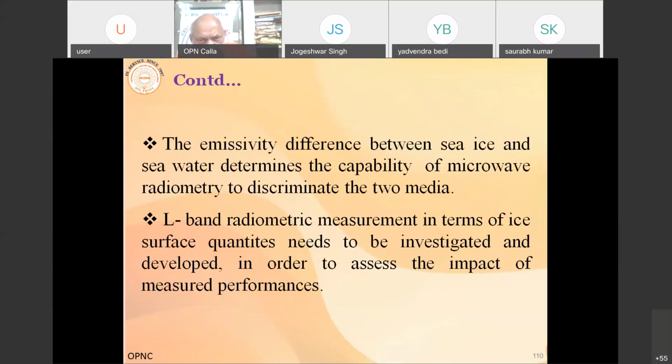Then there is the emissivity difference between sea ice and sea water. That is how we use radiometry for understanding the presence of sea ice. It also helps in repeated measurements; in terms of ice surface particles we have to investigate and develop so that we can monitor the growth and melting of sea ice.